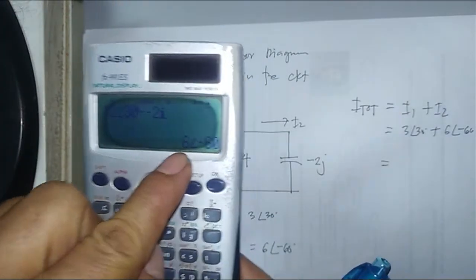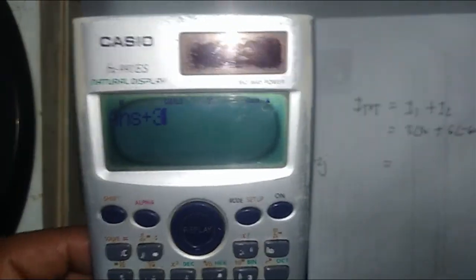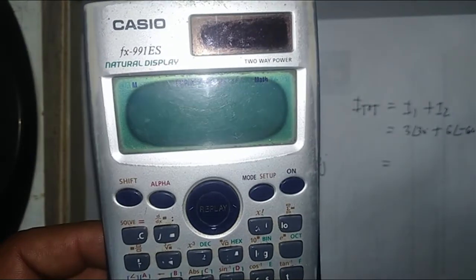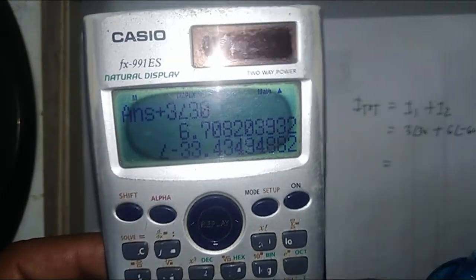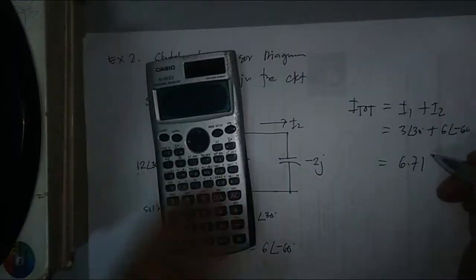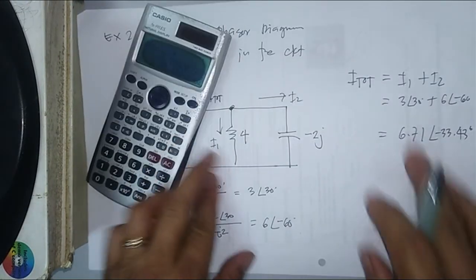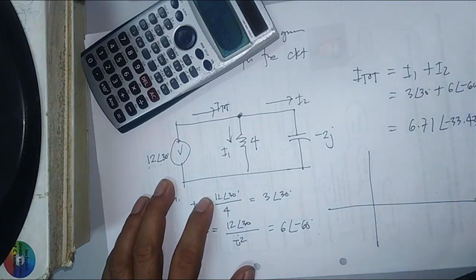So my total current is 6.71 with an angle of negative 33.43 degrees. That is the total current of the circuit shown.